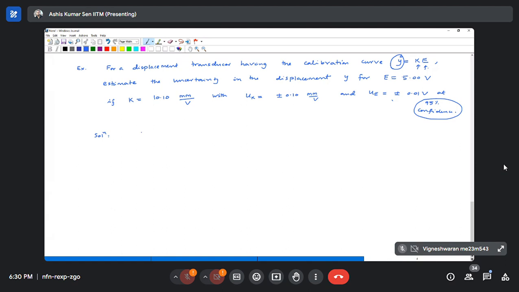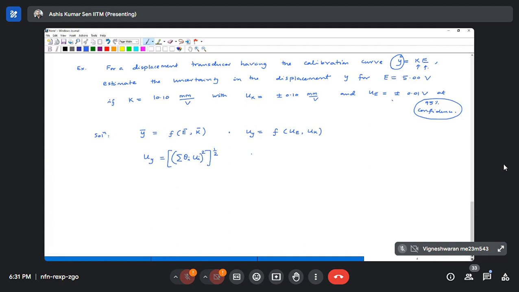Like the case that we took in the example, y bar is a function of E bar and K bar, and like we studied in theory, the uncertainty in y is going to be a function of uncertainty in E and uncertainty in K. We also saw in theory that the uncertainty in the result, that is uncertainty in y, will be the sum of theta i u i squared, to the power half.